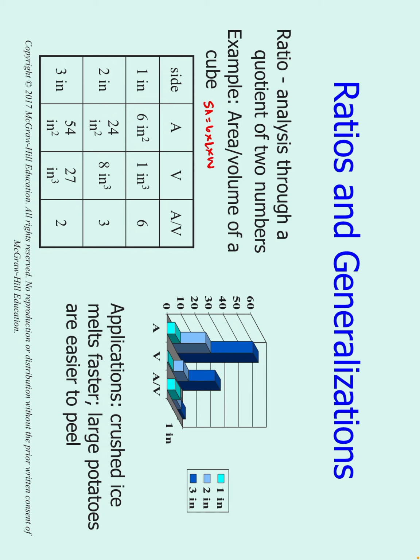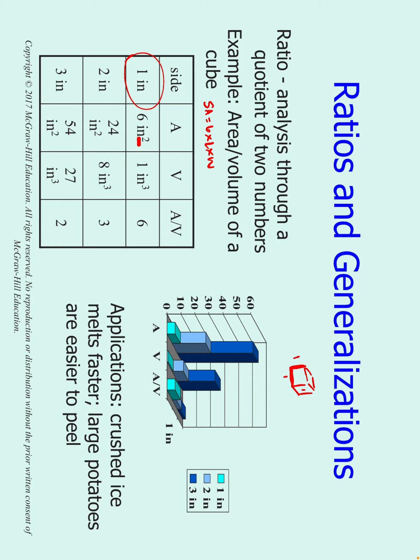If you had a cube that was 1 inch on each side, 1 by 1 by 1, then you would do 6 times 1 times 1, which is 6 inches squared, because whenever you multiply the length and the width in inches, those become squared.